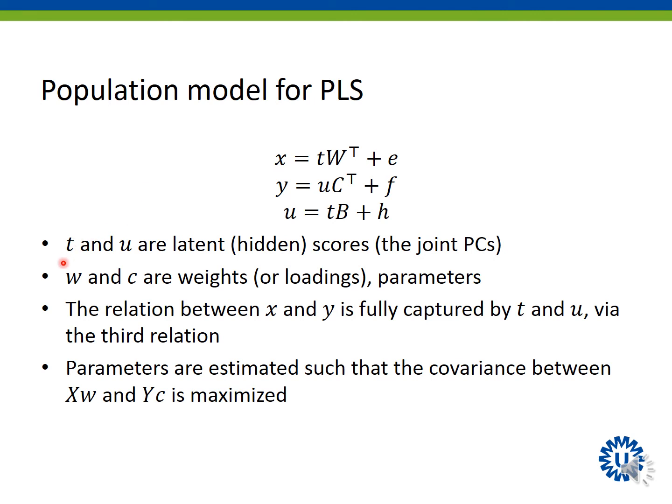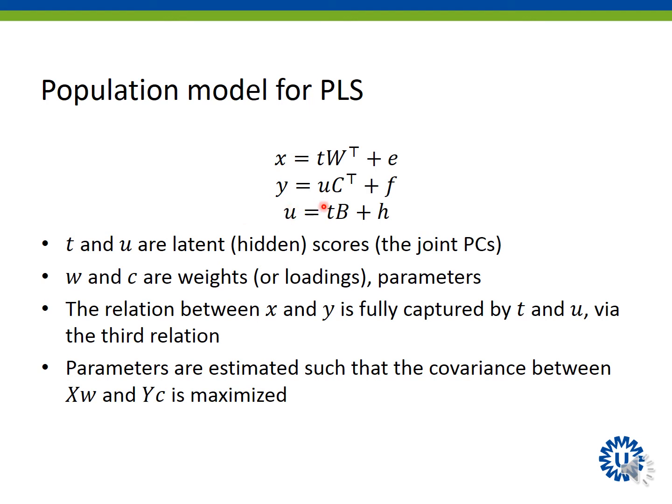So T and U are latent or hidden scores, also known as joint PCs, because they look at the joint relation between X and Y. W and C are weights or loadings, and these are the parameters. And the relation between X and Y is fully captured by T and U through this third relation.